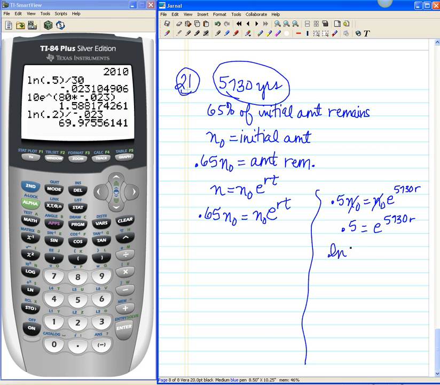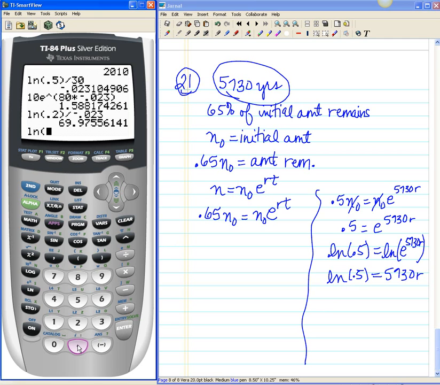Taking the natural log of both sides, we're going to get the natural log of 0.5 is equal to 5,730 r. So on the calculator we need to divide natural log of 0.5 by the half-life, which is 5,730.